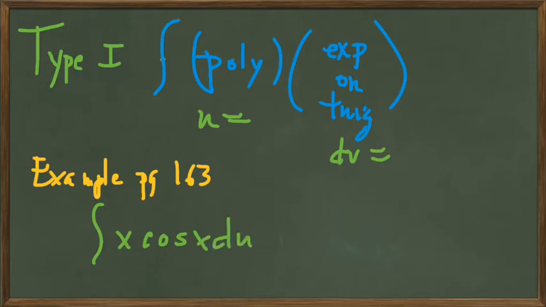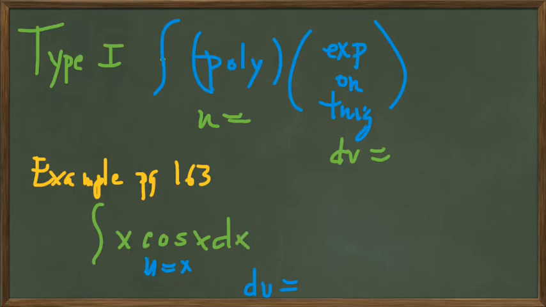As we said, u would be the polynomial function, so our u is going to be x, and our dv is going to be the remainder of what's under the integral sign, cosine x dx.